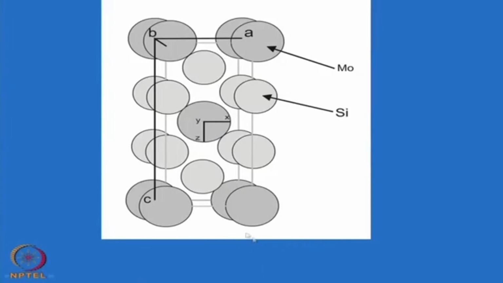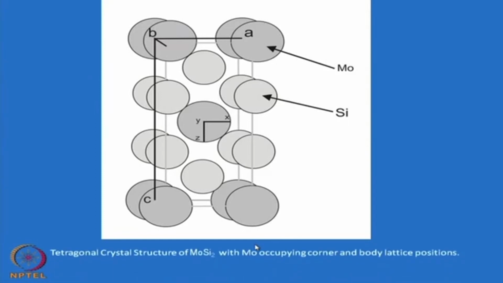So, that is the importance of molybdenum disilicide. It has a very good high temperature mechanical property as well as electrical property, right. So, this has a tetragonal symmetry, and in MoSi2 molybdenum occupies the corner and the body lattice positions are occupied by the silicon.